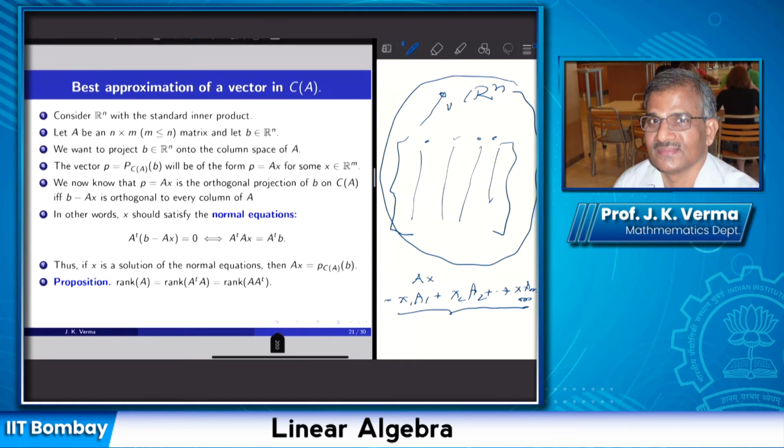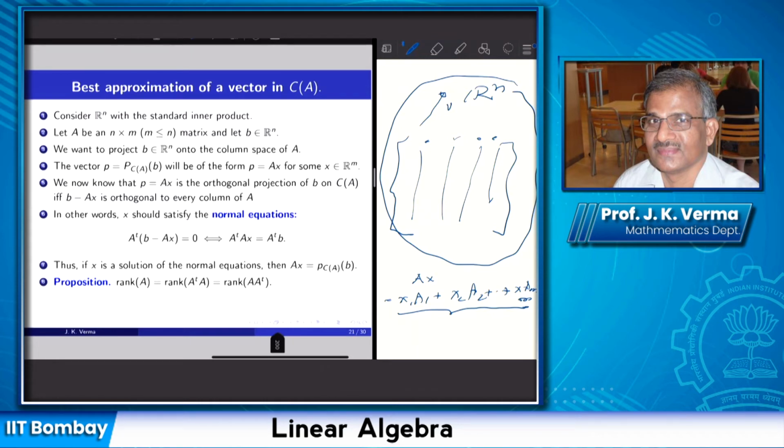So if my subspace consists of some vectors in R^n, then I can make a matrix out of this subspace. Simply take a basis of that subspace, and make those basis vectors the column vectors of a matrix. So finding the best approximation of a given vector inside the subspace is the same as finding the best approximation of the given vector in the column space.